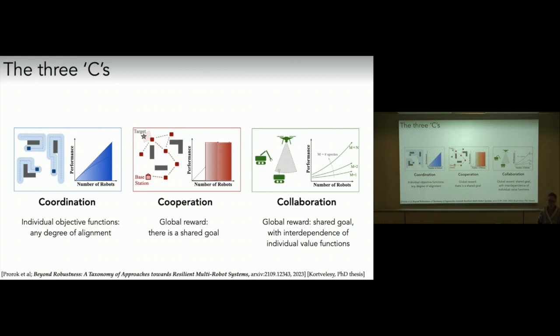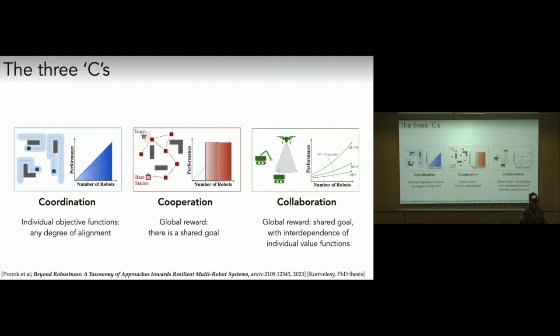You can think of cooperation in traffic or cooperation for connectivity in coverage control. Those depend on a minimum number of robots participating in the scheme so that you actually see the benefit. And then there's collaboration, where we see gains in performance, but there are interdependencies between the robots because they're different. They're heterogeneous. They provide different complementary skills towards the solution of the task.